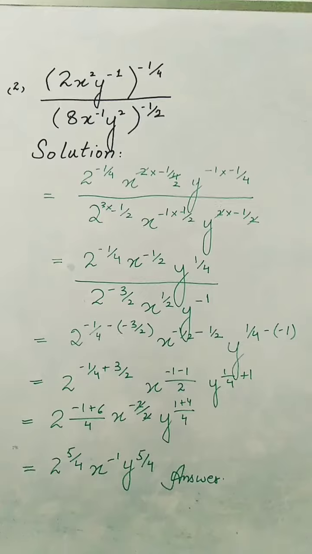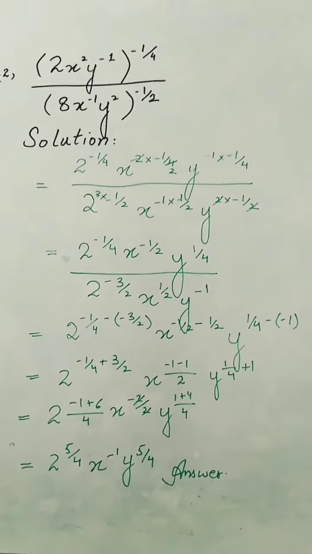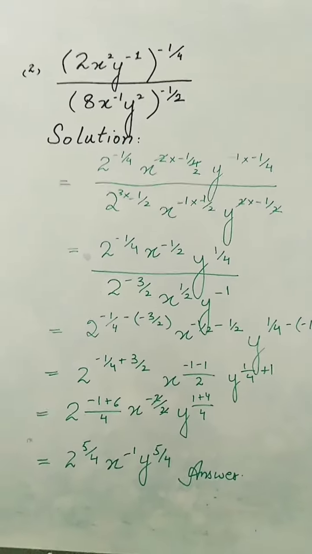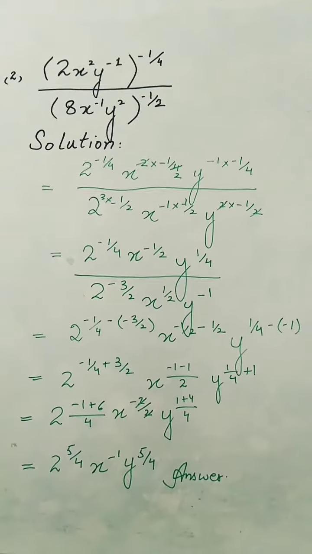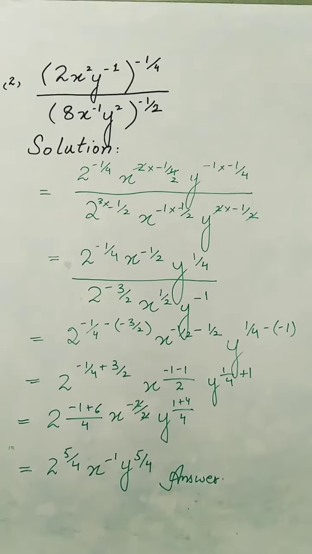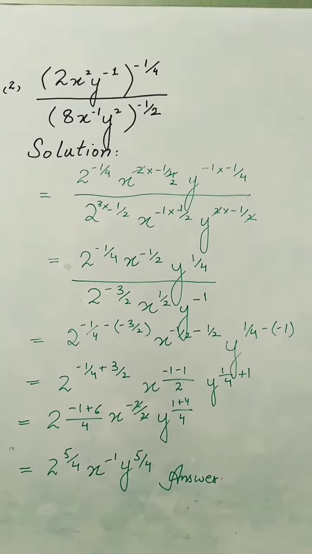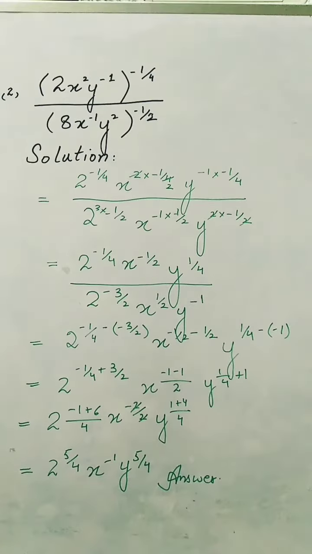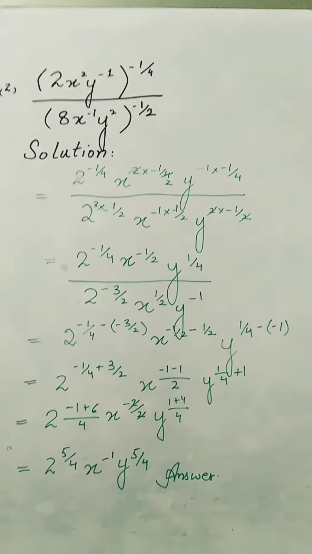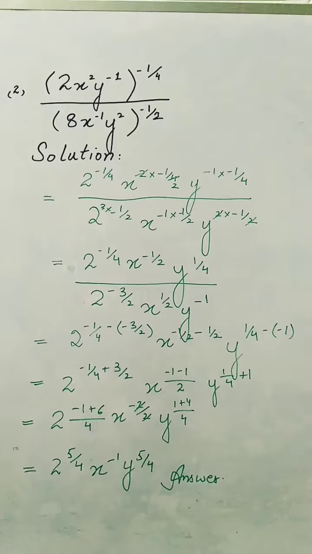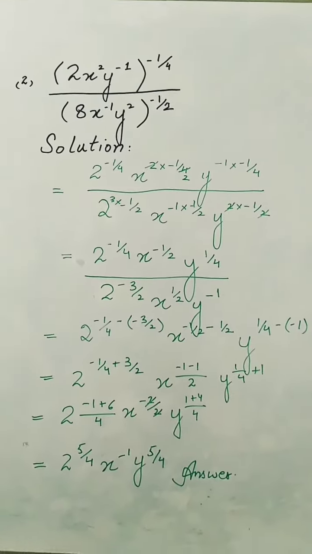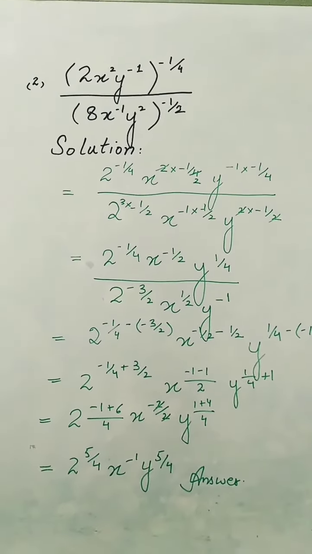And as we know, whenever there is a division and the base is the same, the powers subtract. So here we have the same base 2 raised to the power minus 1/4, which will subtract with the minus 3/2 factor.